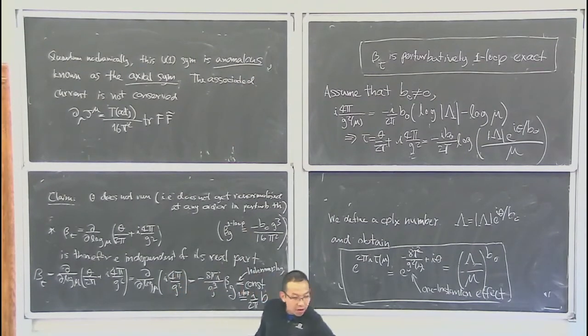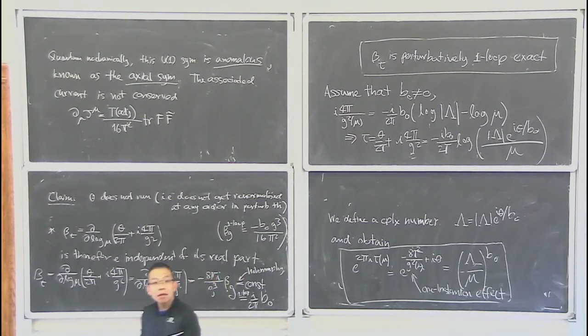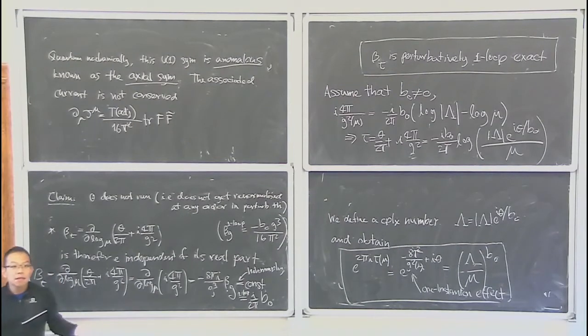I see. But sorry, isn't it true that in principle, chiral symmetry breaking and dimensional transmutation are two very different things? Yes. Here, chiral symmetry breaking is that the U(1) is anomalous, right?